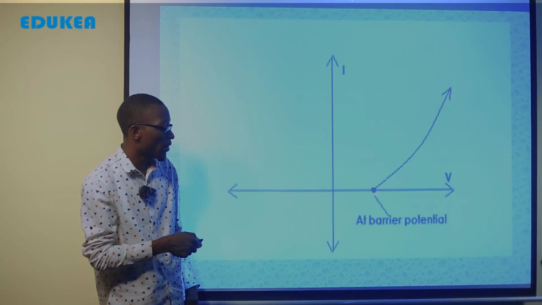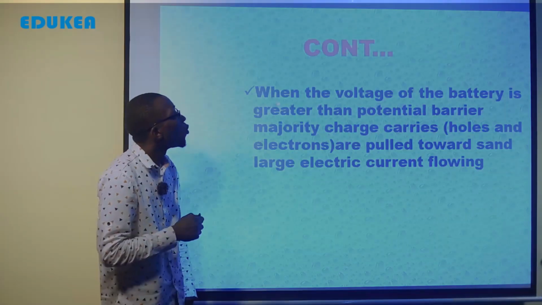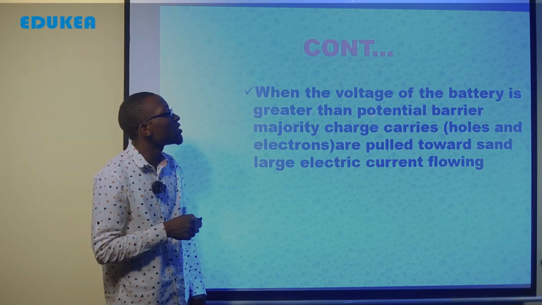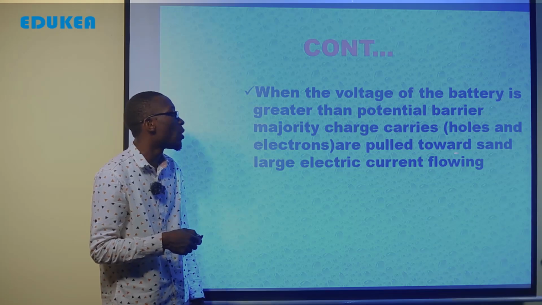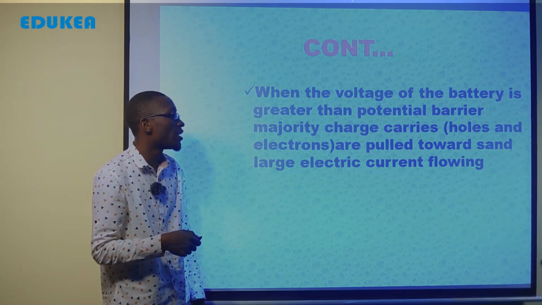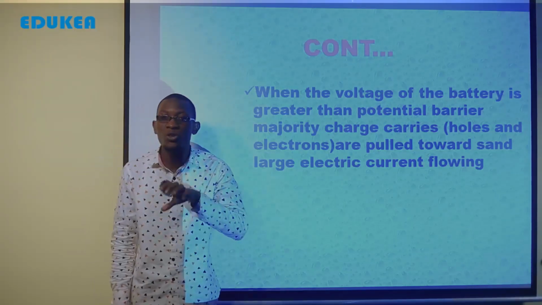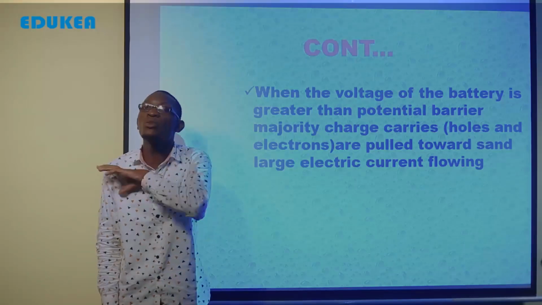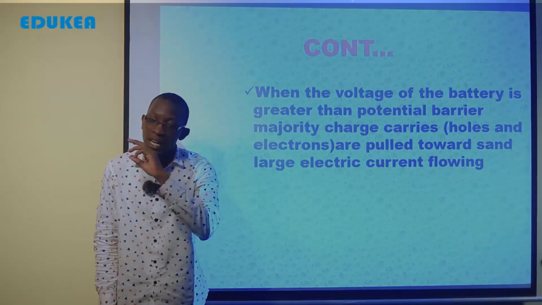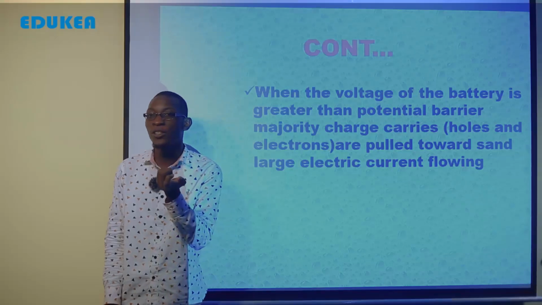So when the voltage of the battery is greater than the potential barrier, the majority charge carriers, holes and electrons, are pulled towards the junction and a large electric current flows. Kwamba utakapokuwa ile voltage ya battery source ikizidi ile voltage ya potential barrier, basi kutatokea flow of electric current. Unless otherwise, ikiwa power supply's voltage ni ndogo kuliko potential barrier, no flow of current happens.